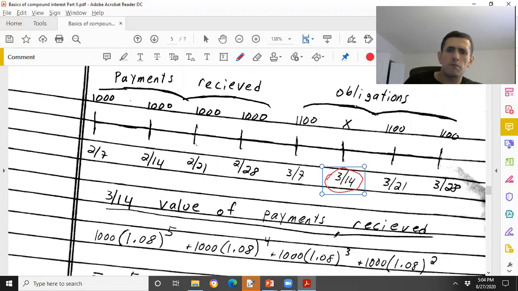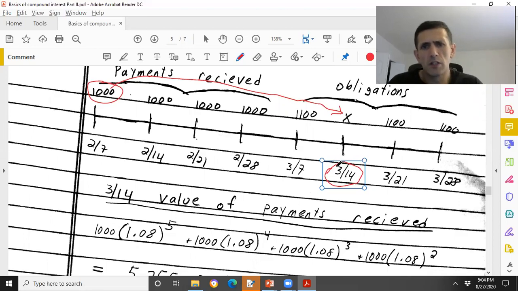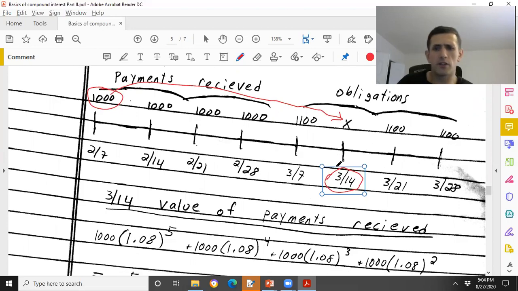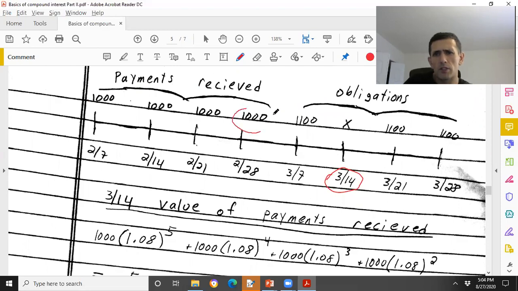Okay. So let's look at this 1,000 here, and I'll only do that first 1,000. So how much is this $1,000 worth on March 14th relative to 8% interest? Well, it accrues 1, 2, 3, 4, 5 months of interest. So it's 1,000 times 1.08 to the fifth. And you continue on until you hit the last payment that Walt made, which is this 1,000, and that accrues 2 months of interest.